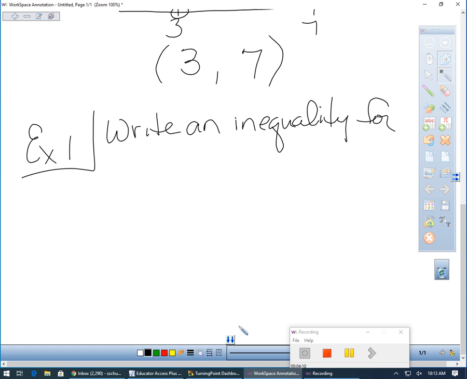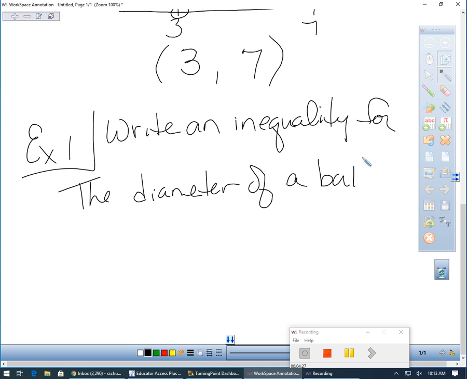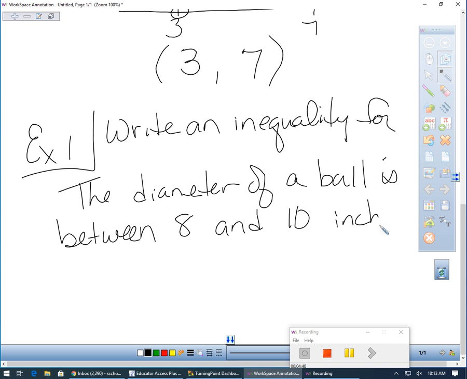And let's talk about, let's say, the diameter of a ball is between 8 and 10 inches inclusive.